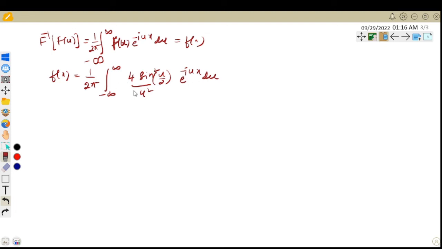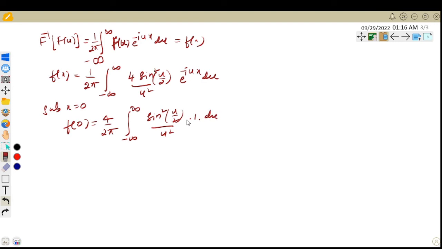So as you know already, we need to substitute again x equal to 0. So f of 0 is equal to 1 by 2 pi times the integral from minus infinity to infinity. You can take 4 outside. This is sin square u by 2 divided by u square. So e raised to 0 is just 1 into du.